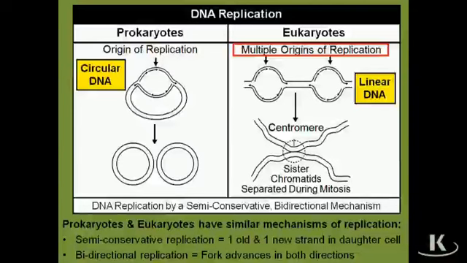At the end of that duplication step, you end up with two sister chromatids. They should be identical to each other, and they are joined together at a centromere. It's these sister chromatids that should be separated with the mitotic spindle during mitosis. So this is what should occur in a typical cell.